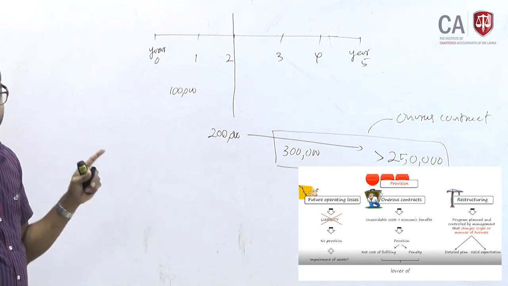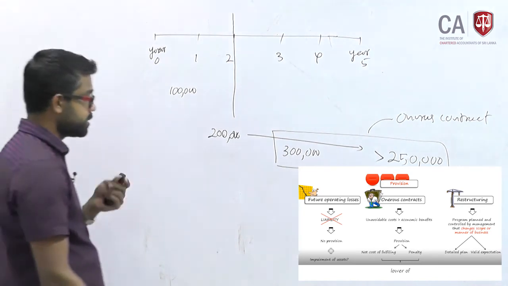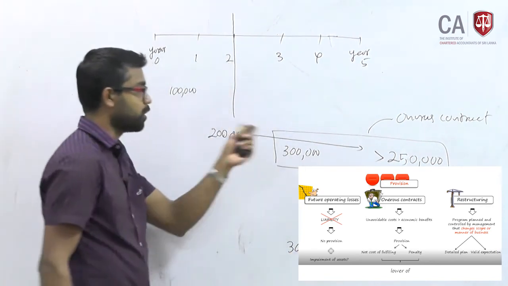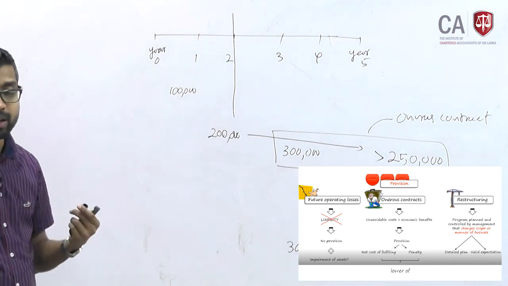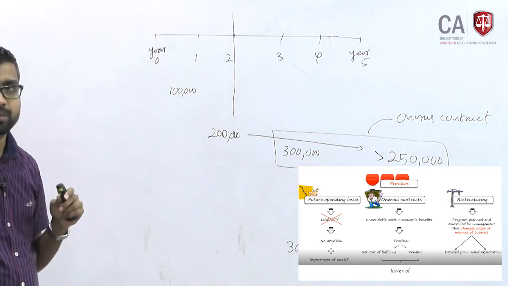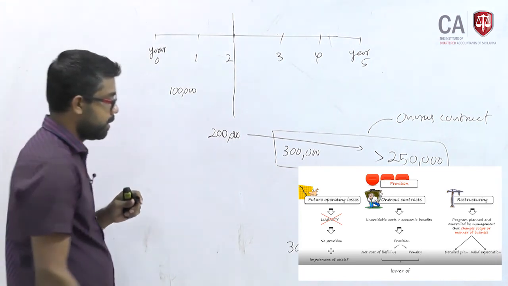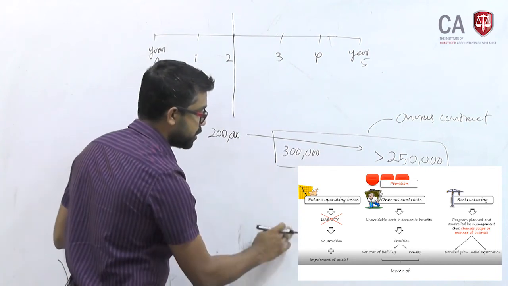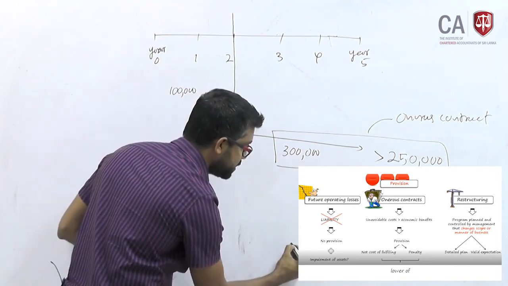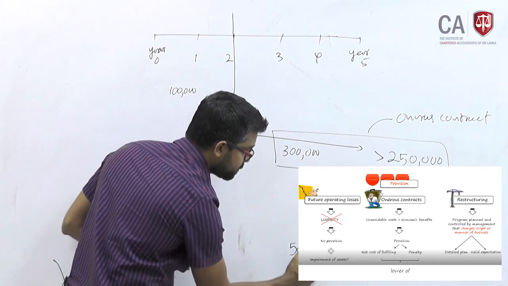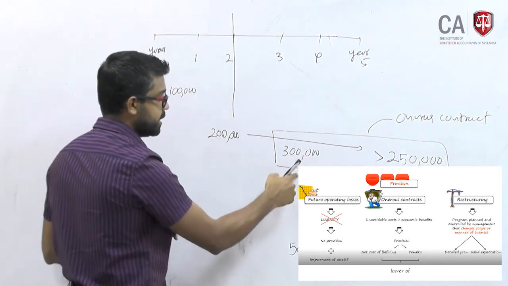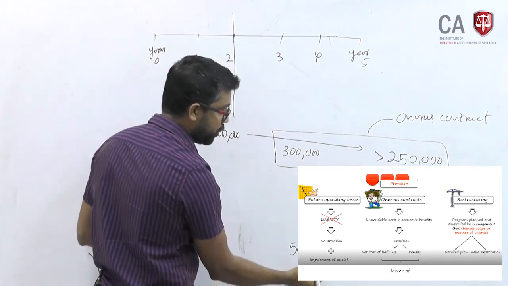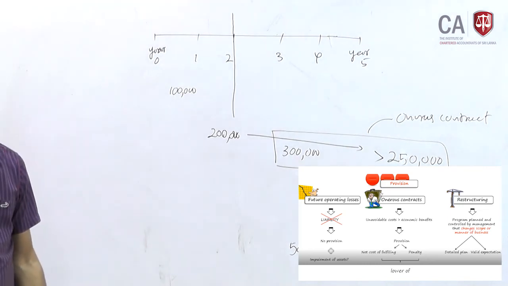First, the net cost of fulfilling the contract. The cost of fulfilling the contract is 300,000, but it should be the net cost. Your cost is 300,000, economic benefit 250,000, so the net cost of fulfilling the contract is 50,000.